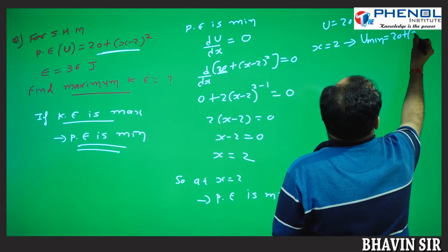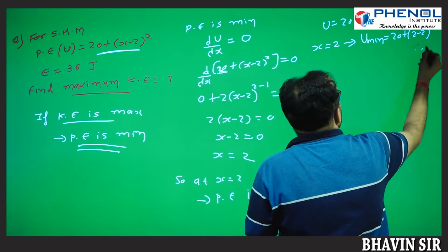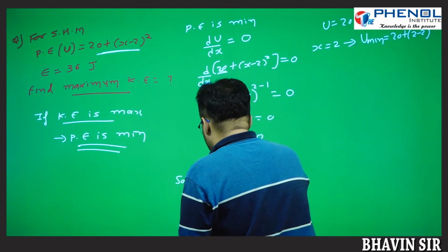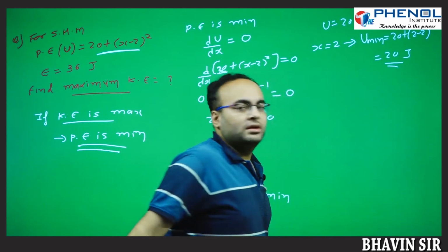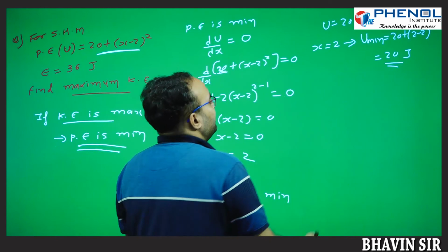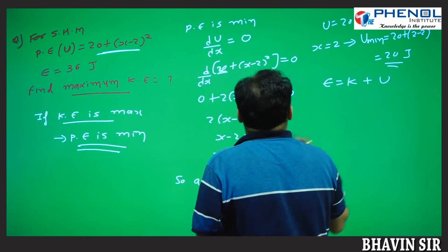So 20 plus (2 minus 2) whole square; 2 minus 2 is 0. So what is the minimum potential energy? 20 joule. Now we want to find maximum kinetic energy.